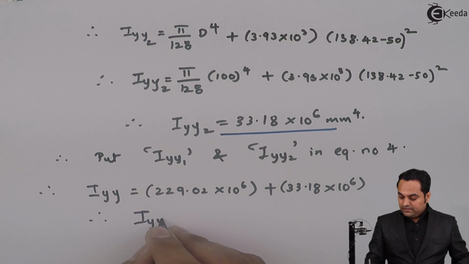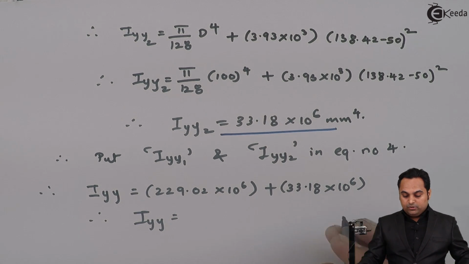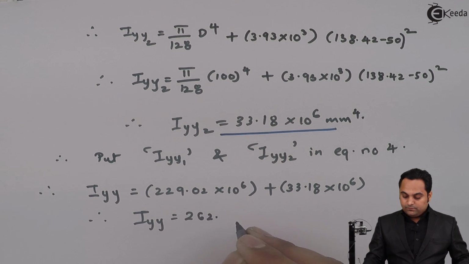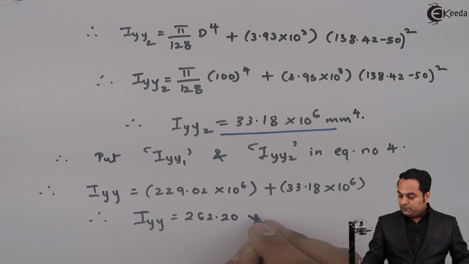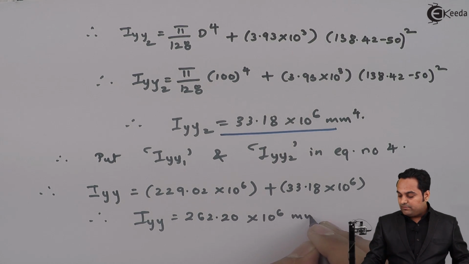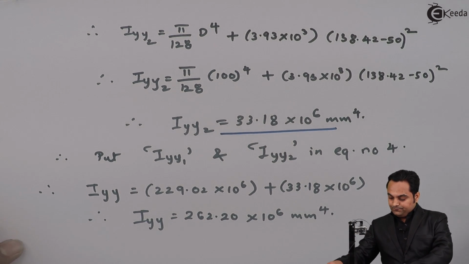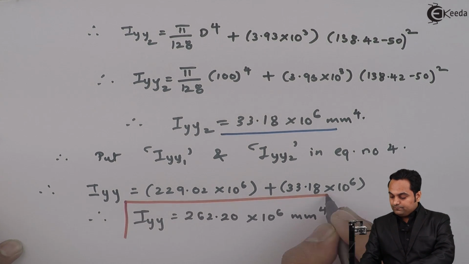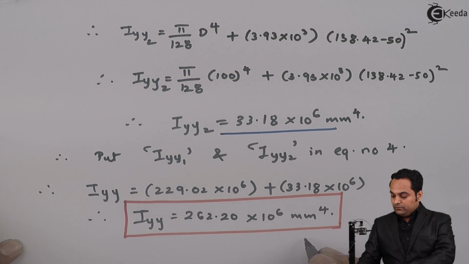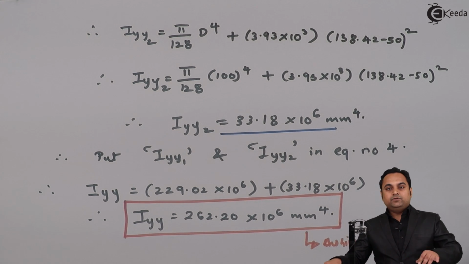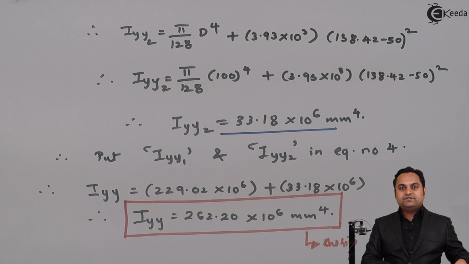Adding them, the answer comes out to be 262.20 into 10 raised to 6 mm raised to 4. So this will be the second answer. That is, we have calculated the moment of inertia about y-axis for the complete system.